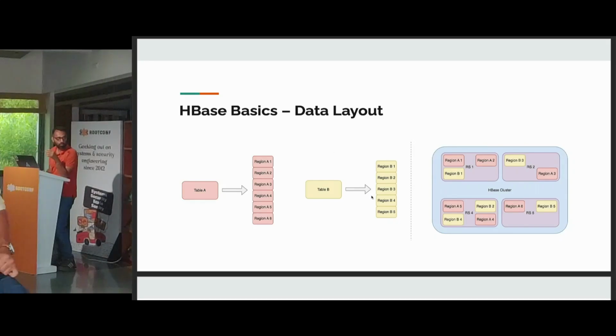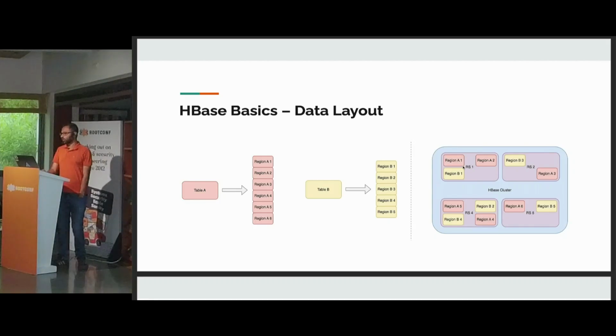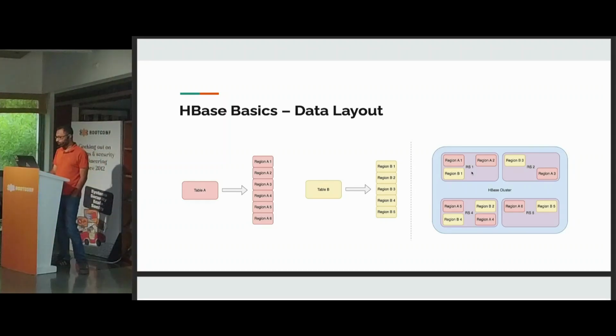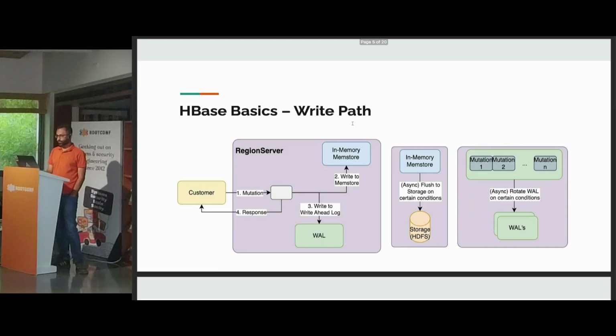Each region, independent of which table it belongs to, is hosted on a region server. Here, RS1 is a region server. Each region server is hosting some regions, some shards. In this case, table A1 region and table A2 region are hosted on RS1, and table B1 region elsewhere. So this is spread across, and that's how the data is laid out on HBase clusters.